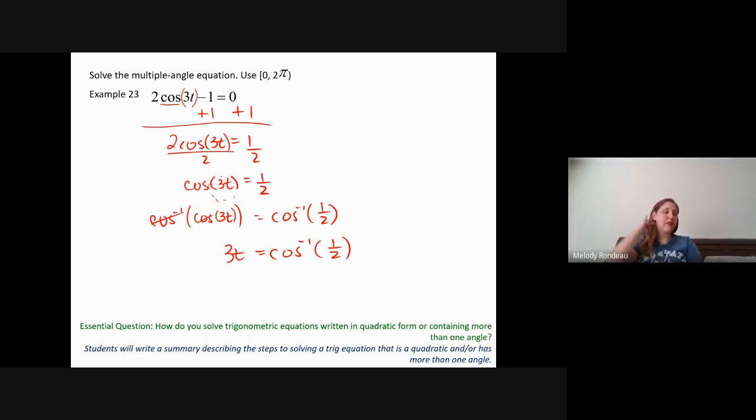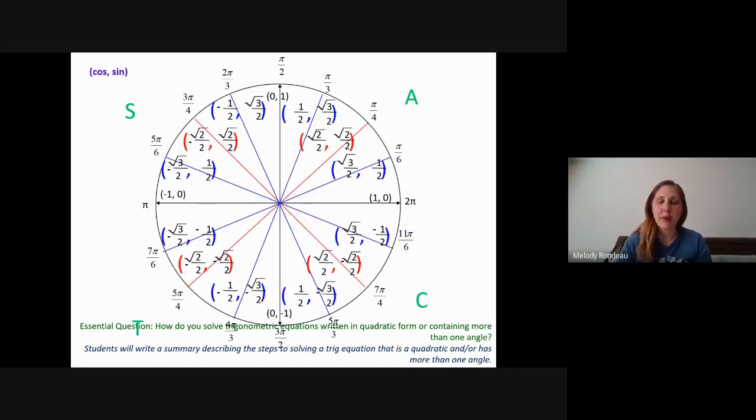All right, so the way that this works is I'm going to deal with the 3t in a minute. For the moment, I'm going to look at my unit circle and find my x values that are 1/2 on the unit circle. I'm going to figure out which angles have an x value of 1/2. So let's look at the unit circle. I'm looking for x values of 1/2.